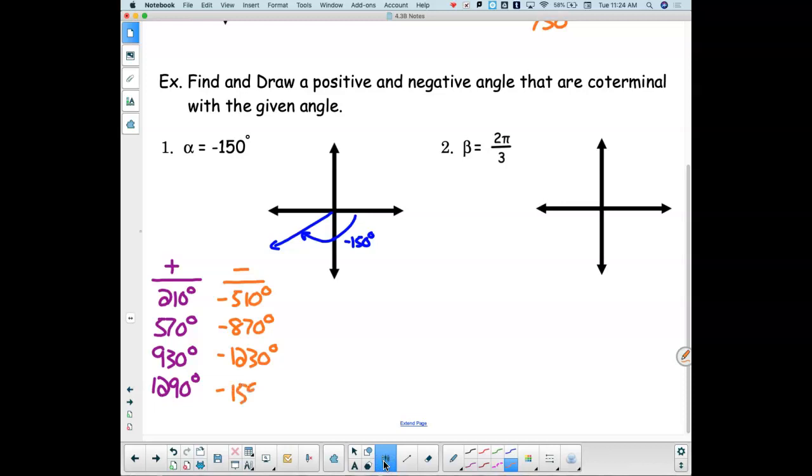Standard rule of thumb, if your angle is given to you in degrees, then we want the answer in degrees. If your angle is given to you in radians, we want the answer in radians. So on this next one, we want that in radians. 2 pi over 3, that is up here.